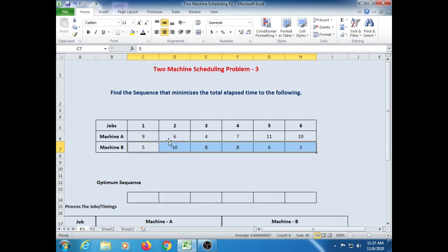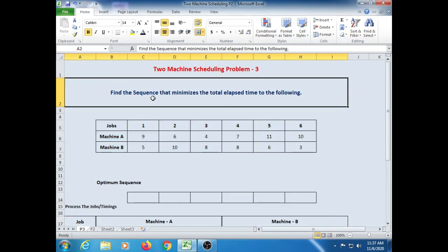So this is the table in the problem itself given to us. So what we have to do is find the optimum sequence that minimizes the total elapsed time for the following.